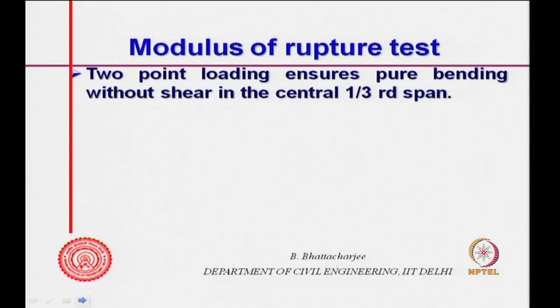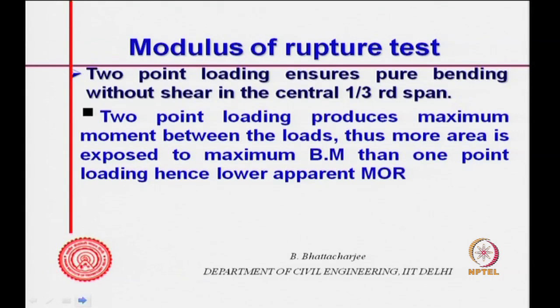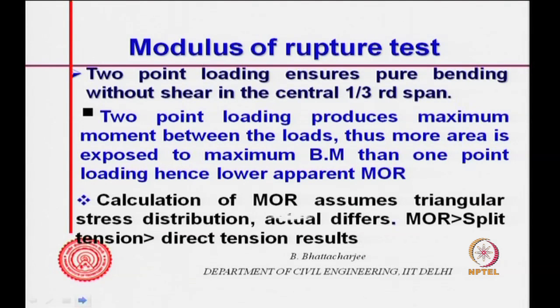The 2 point loading ensures pure bending without shear in the central 1/3, that is what I said, and 2 point loading produces maximum moment between the loads, thus more area is exposed to maximum bending moment than 1 point loading, hence lower apparent modulus of rupture. Calculation of MOR assumes triangular stress distribution; actual stress distribution is different.